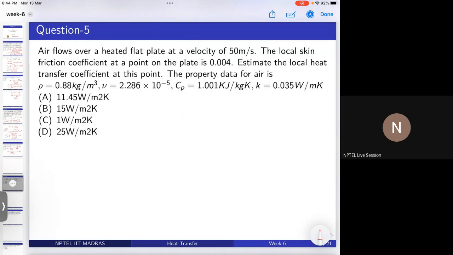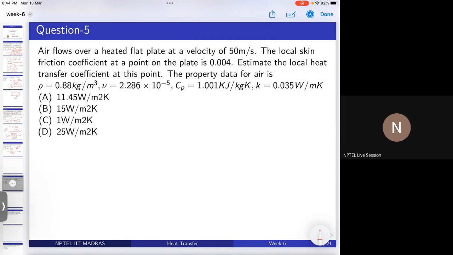So we have an airflow over a heated flat plate at a velocity of 50 meters per second. The local skin friction coefficient at a point on the plate is given, that is 0.004. We have to estimate the local heat transfer coefficient at this point. A similar question we did last week, so I hope you will be able to solve this.